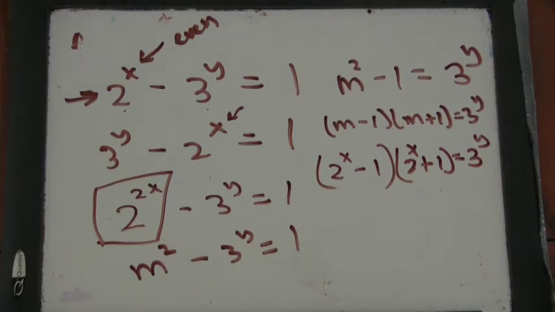Well, we could do some things with mods here, because x doesn't necessarily have to be even. So x is even or x is odd. If x is even, then 2 to the x is going to be 1 mod 3.